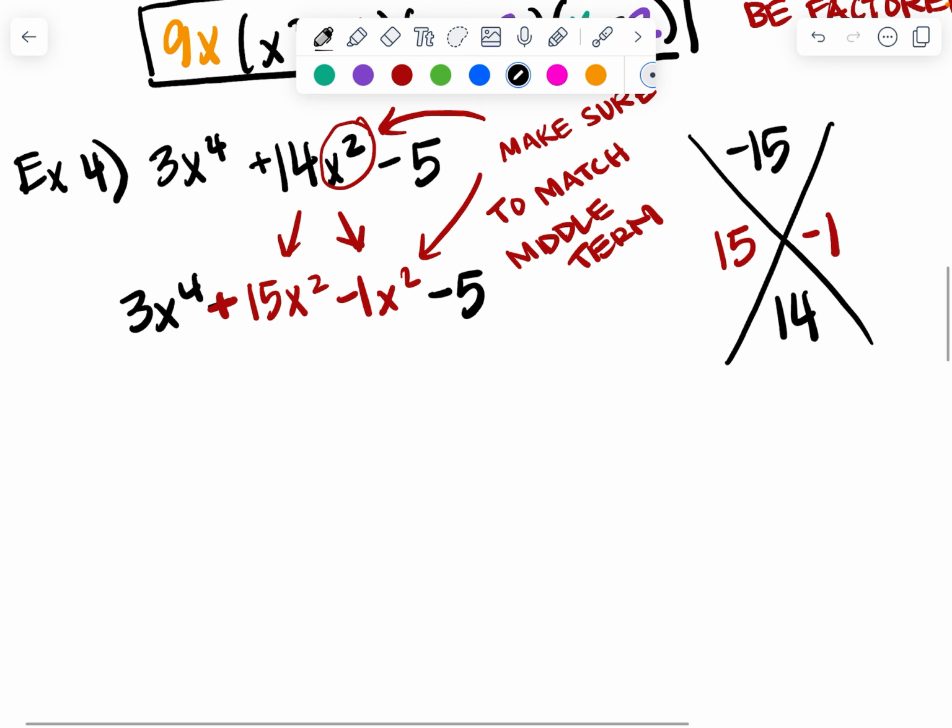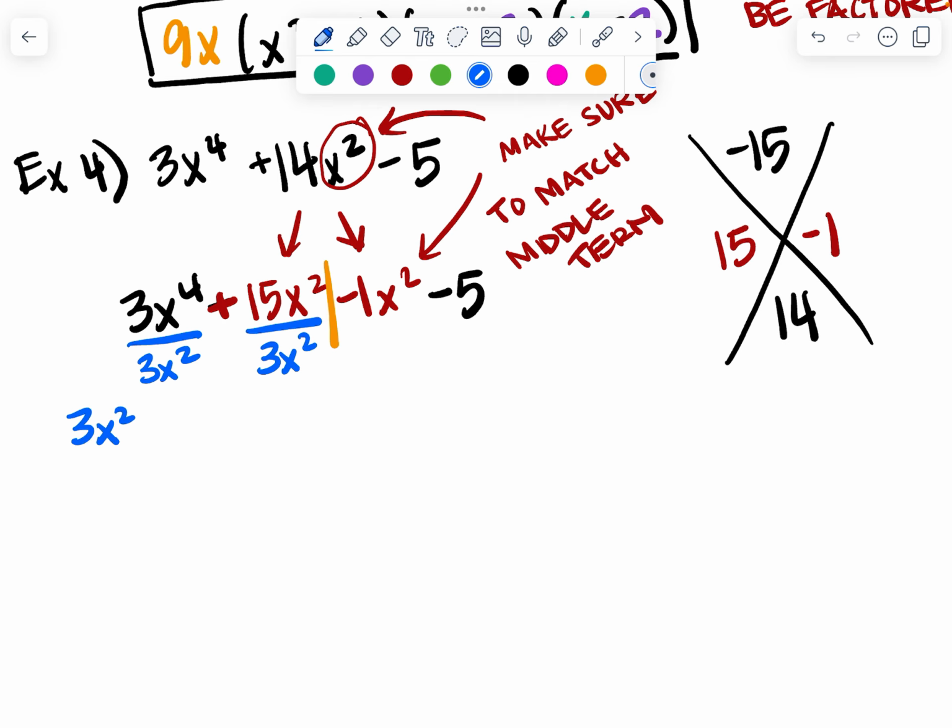Now we factor by grouping. So I can factor out 3x squared. And that leaves me with x squared plus 5.